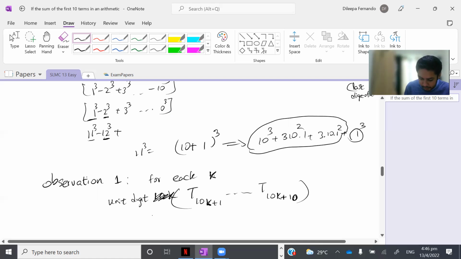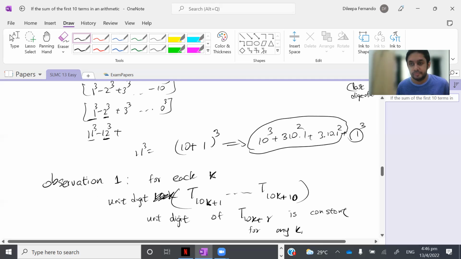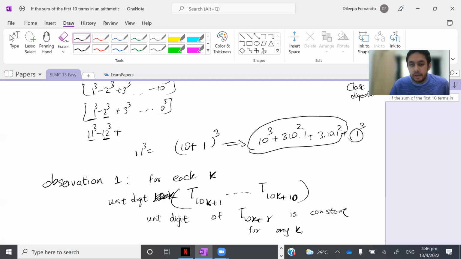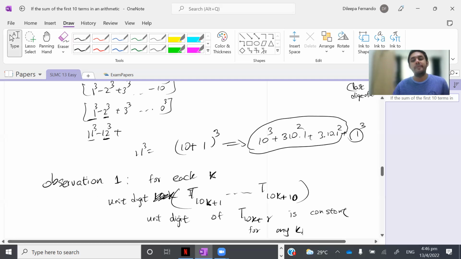In other words, the unit digit of T10K plus R is constant for any K. So it is easy for you because you don't have to write all these abstractions, all these proofs.